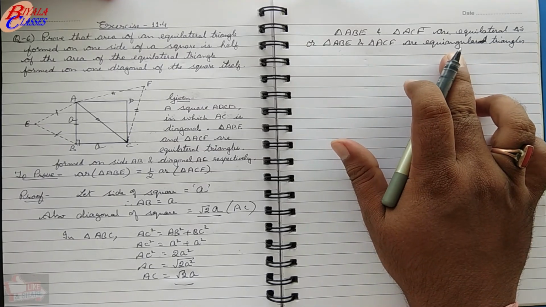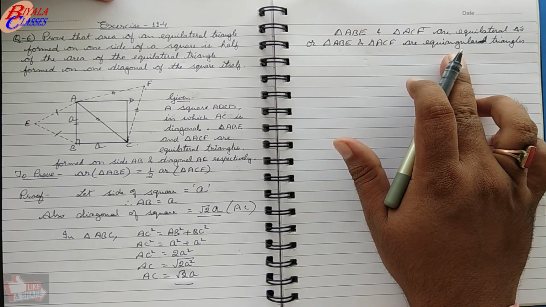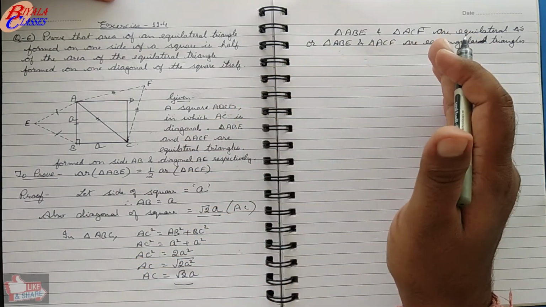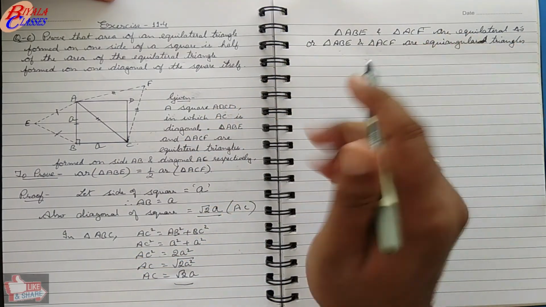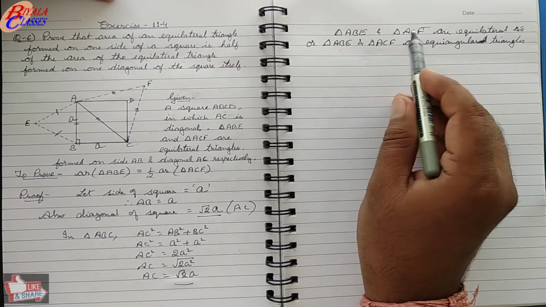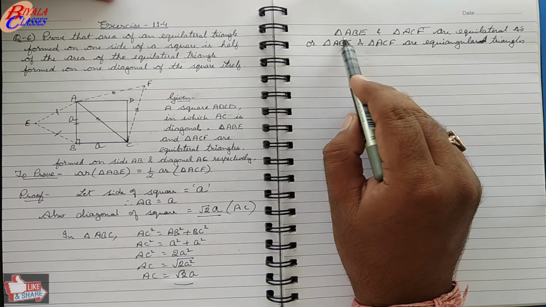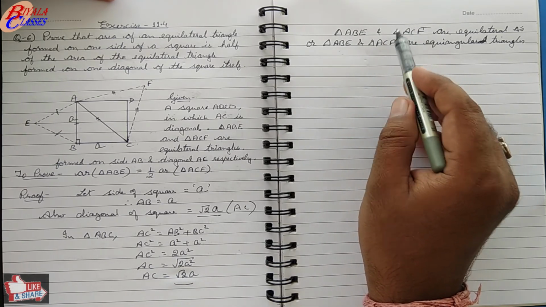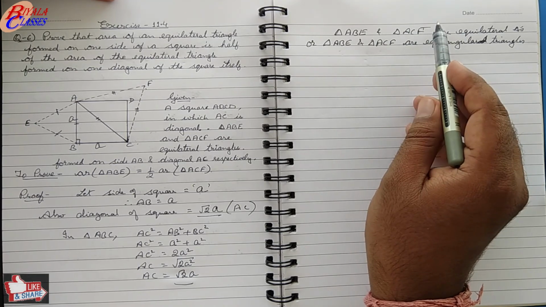Now equiangular triangles are those triangles in which each angle of one triangle is equal to the corresponding angle of the second triangle. Now because these are equilateral triangles, each angle is 60. So all three angles of triangle ABE are 60, and all the angles of triangle ACF are also 60.